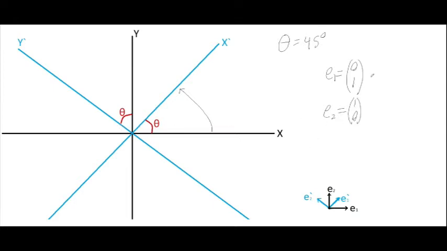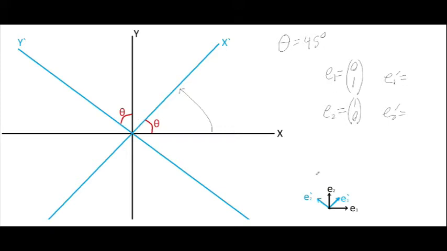And now what we want to do is figure out what our E1 prime is and our E2 prime. So we want to figure out in terms of the original coordinate system what the new bases are.